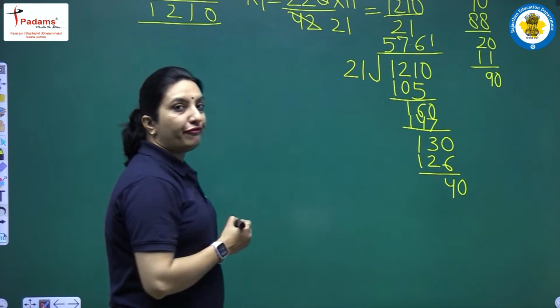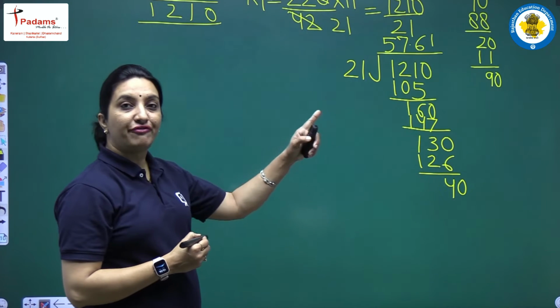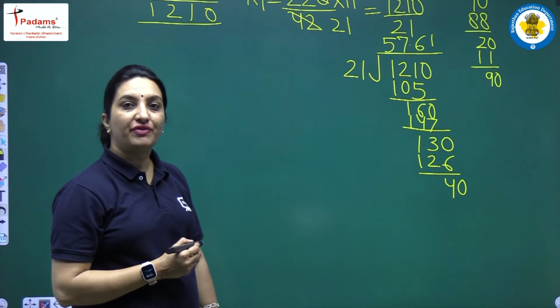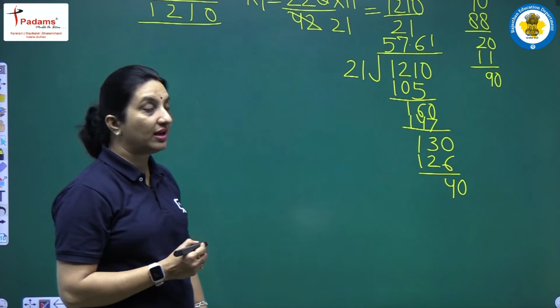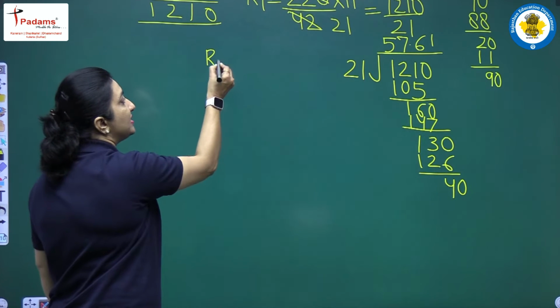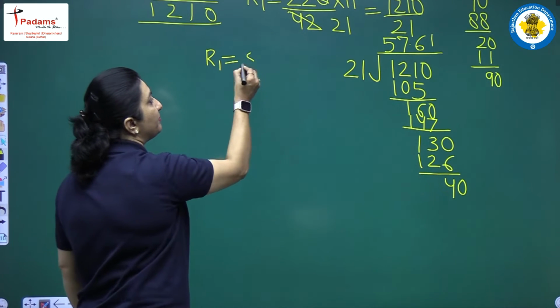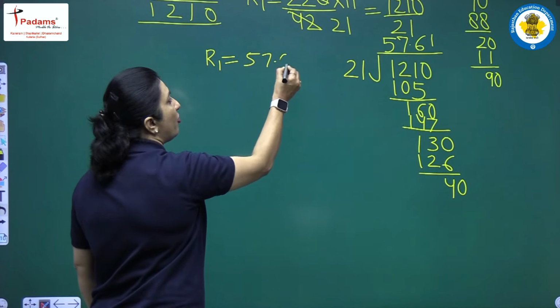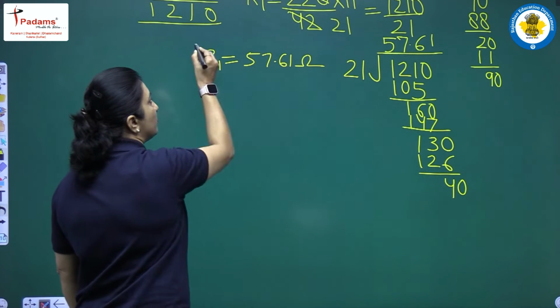So the value for the resistance in the first case comes out to be 57.61 ohms.